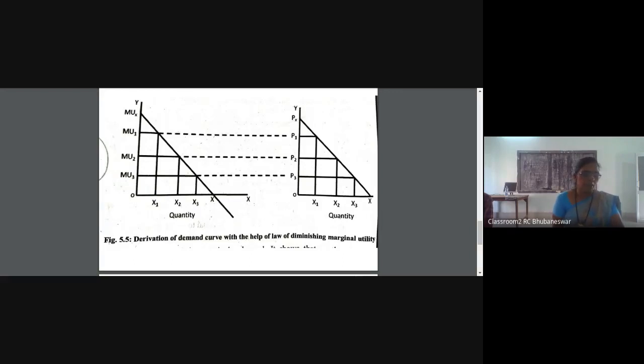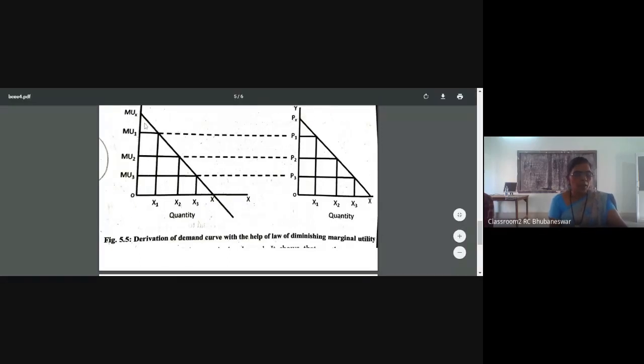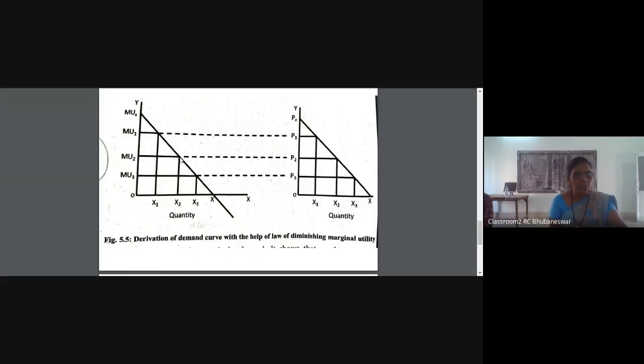In the left side diagram, we saw the marginal utility curve of good X. Here we said that when the consumer consumes X1 goods, he gets the highest marginal utility, which is MU1. When he consumes X2 quantity of the commodity, he gets MU2 marginal utility.